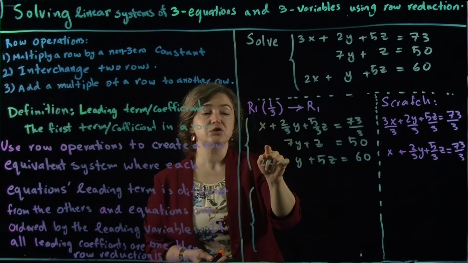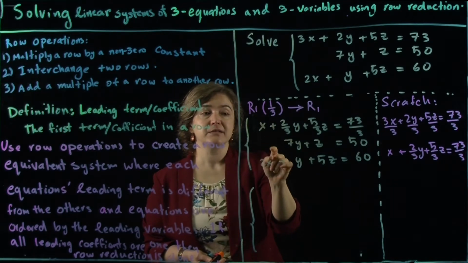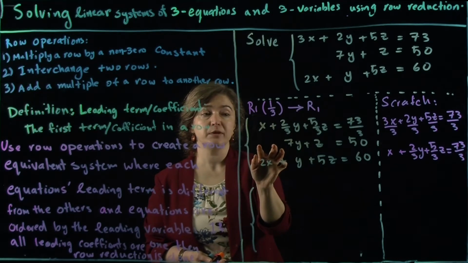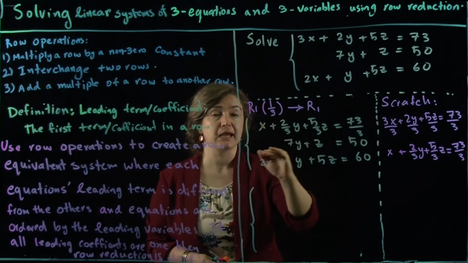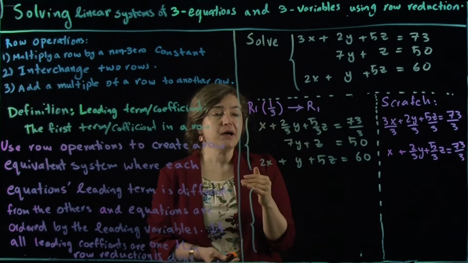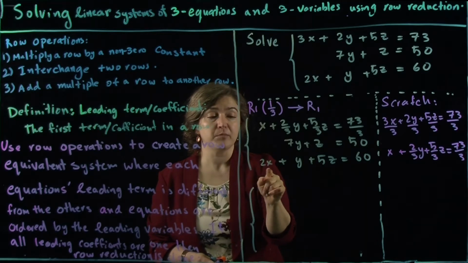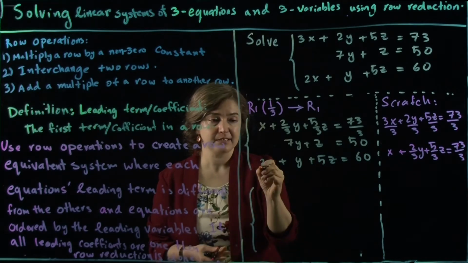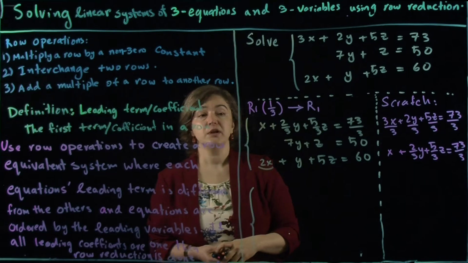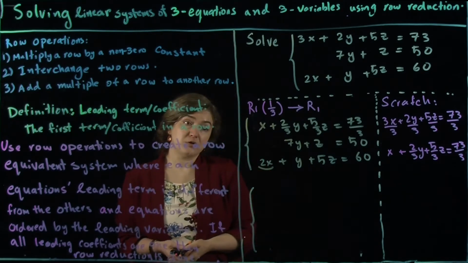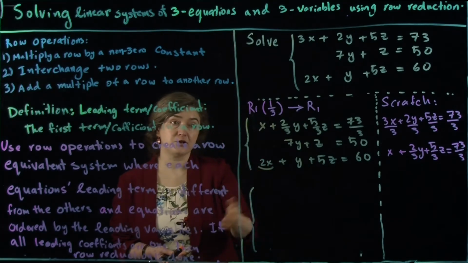I do not need to eliminate the term with variable x in the second row at all. But I see that the term with x exists in the third row, so I need to eliminate the term with x in the third row.